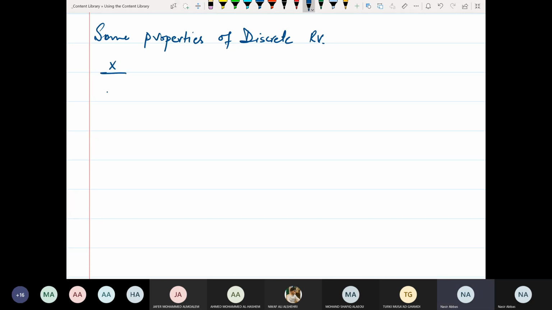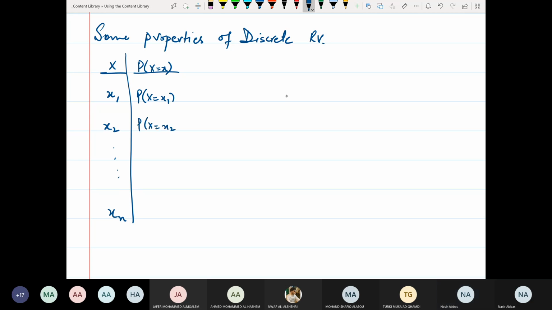One of the columns is the values of X. And the second column is the corresponding probabilities. And we said that the sum of this column will always be equal to 1.